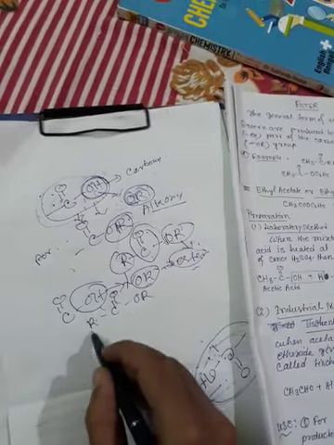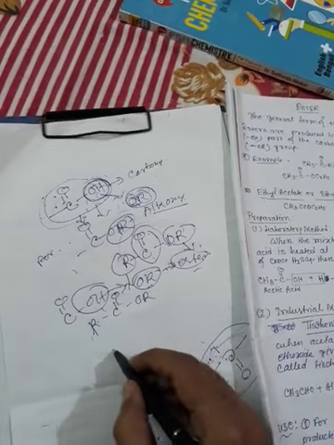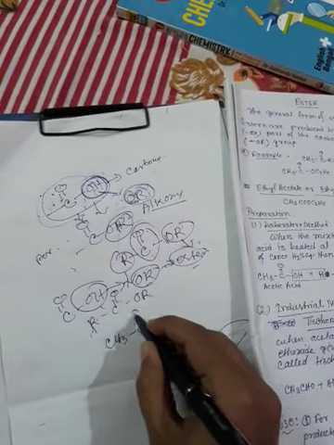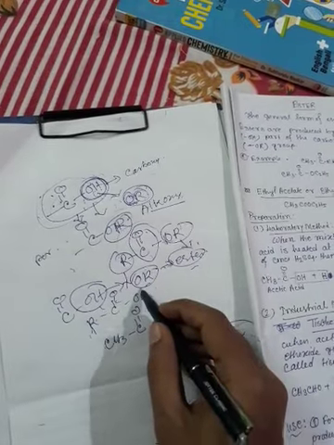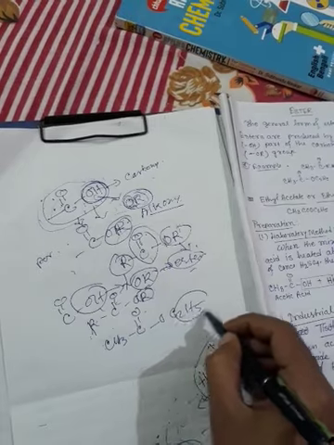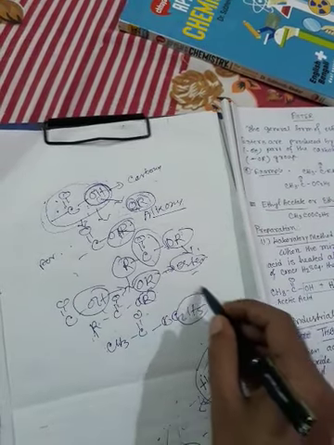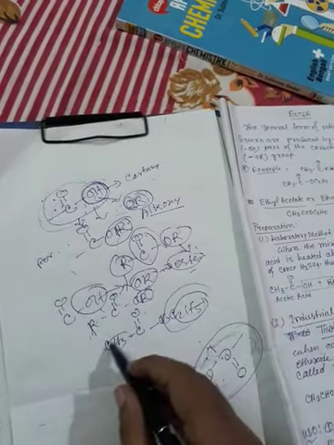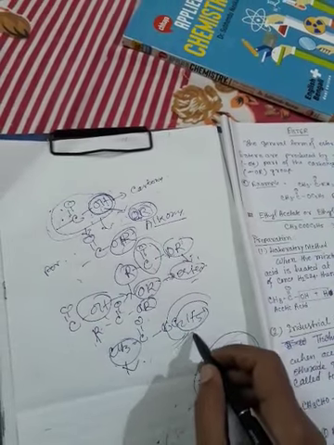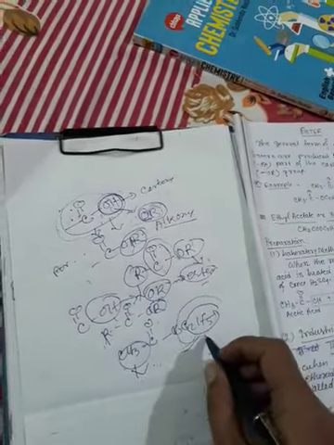Suppose R equals CH3, C double bond O, here R equals C2H5, then this group is ethyl or oxygen, that means ethoxy, here the group is methyl. Okay, that name is ethoxy.